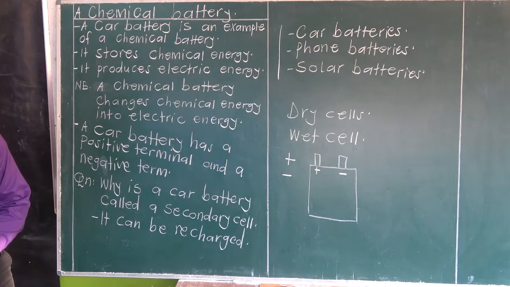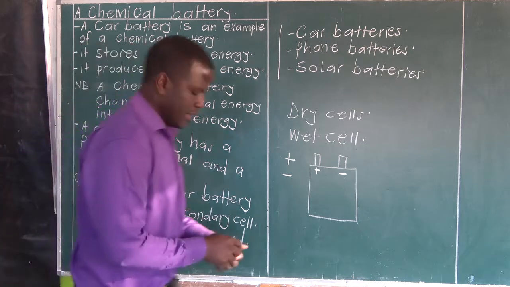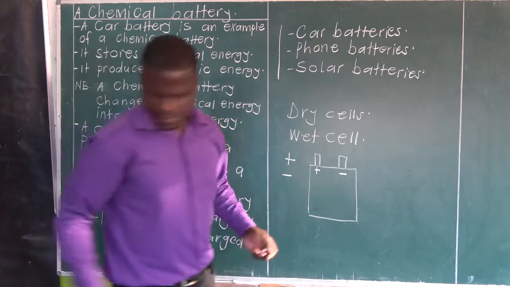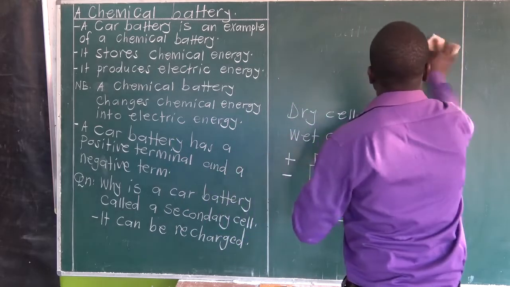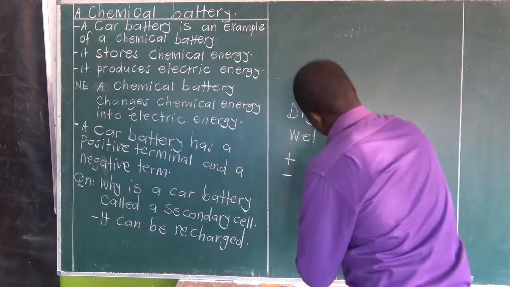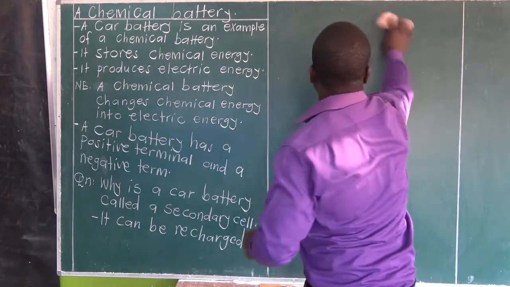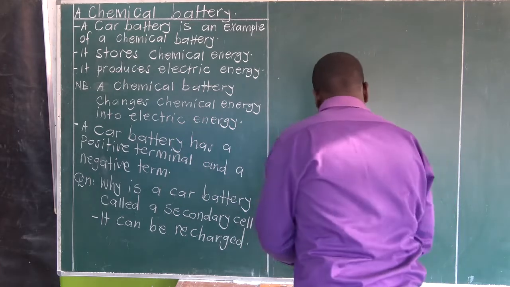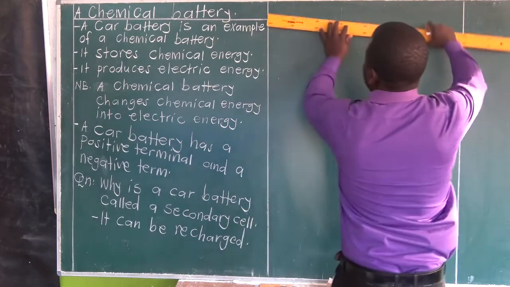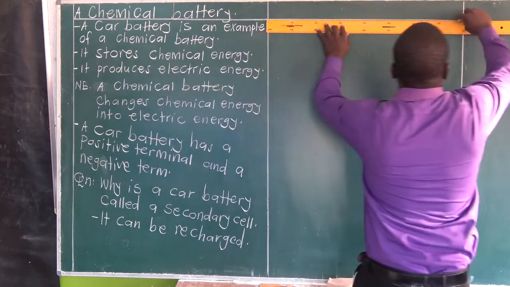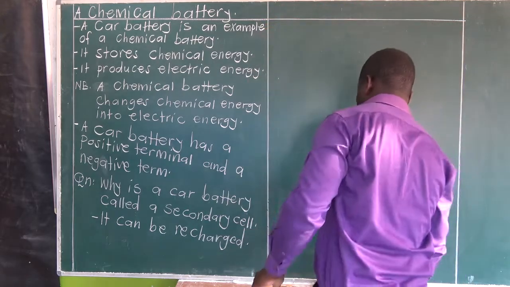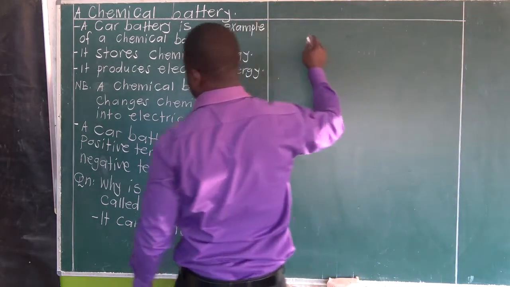Then we look at the advantages of using a chemical battery or a car battery. The advantage is already known because we said it can be recharged.